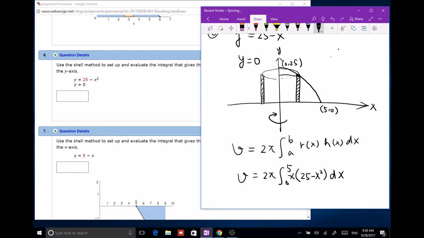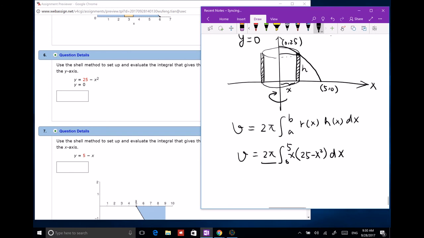Does it make sense to you? This is 2 pi, the radius is the x value, and this is the height, which is the y value. It's a cylinder. You add all the cylinders together to get your volume. This is the shell method, all the shells together: 2 pi x times h, which is the area, times the height, times delta x. So 2 pi x times the height, where h is y.